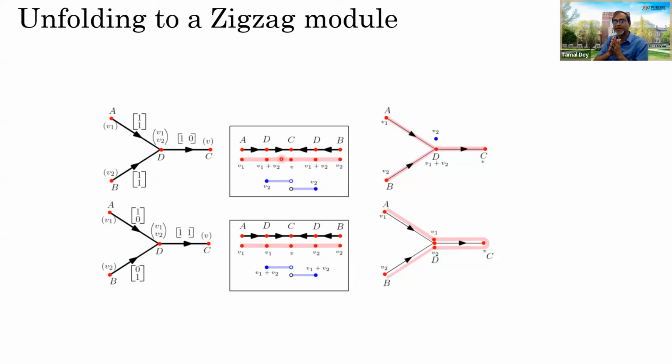I do not know yet, but it's very useful because if you think about it, after this unfolding, the entire information is preserved. I did not lose any information from the original module because I copied the vector spaces. And also I copied the morphisms between the vector spaces. So there is no loss of information. Only thing is, yes, somehow it has been linearized. So whatever you do with this linearized module, you have to interpret it properly in the original.